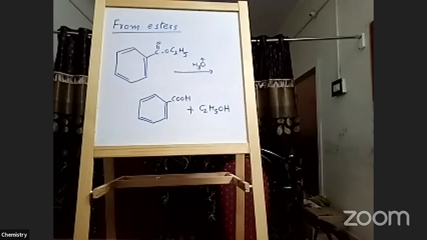Preparations got over. So we have prepared from alcohols and aldehydes. Next, alkyl benzene, nitriles, and amides, and Grignard reagent. And now acyl chlorides and acid anhydrides. And now from esters, like 6 preparations I gave you.